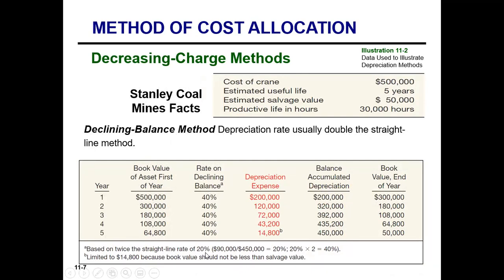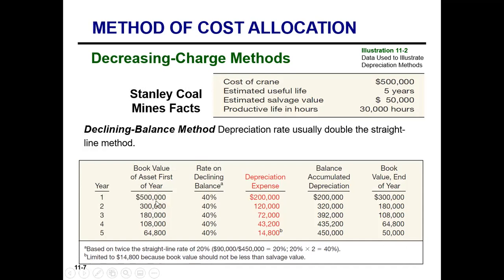Because we just take 100%, divide it by 5, 20% per year, right? If it was a 4-year asset, 100% divided by 4, 25% a year, right? So with the declining balance method, we have to calculate that straight line rate first, and then we double it. Okay. So then we're going to depreciate 40% per year, double the straight line rate.